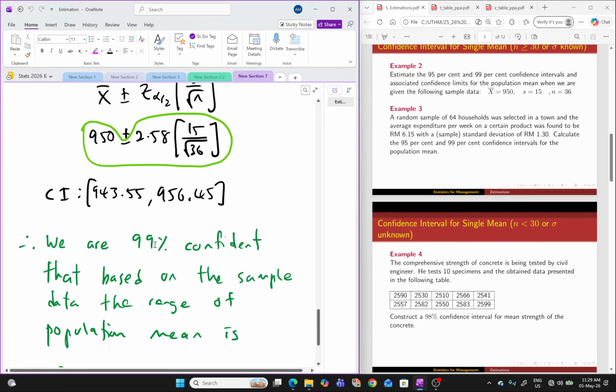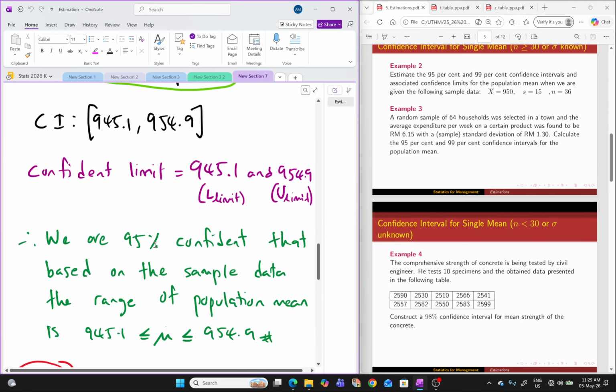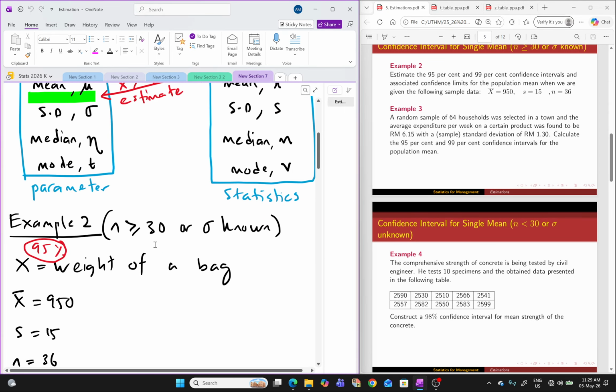So yesterday we stopped at example 2 here.